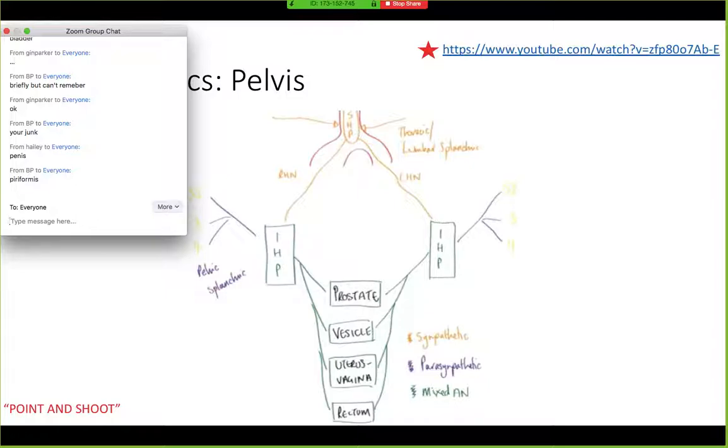Like on Dr. Dudsick's slide, she had a giant typo, which I think could have been confusing to everybody. So she put here inferior epigastric plexus instead of hypogastric. So just make sure that you caught that and change that in your slides. So inferior hypogastric plexus.